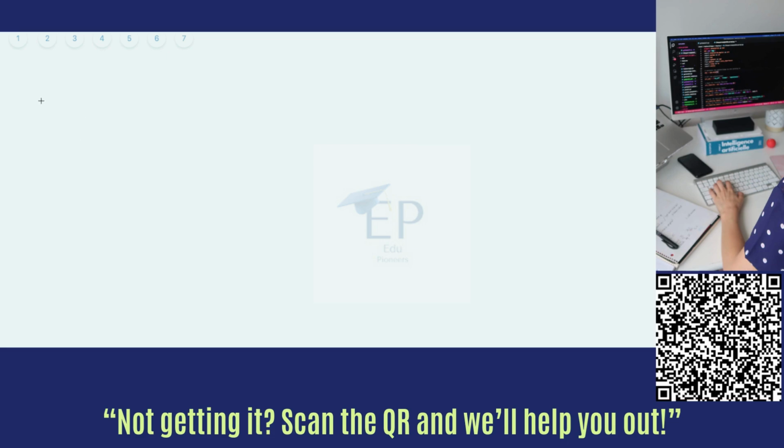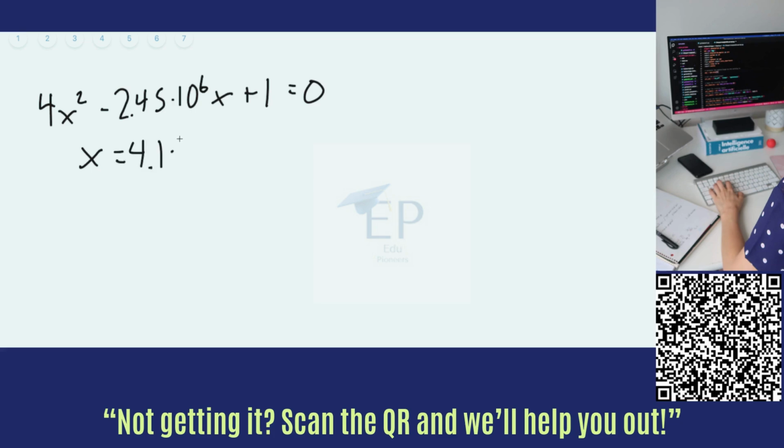And we end up with 4x squared minus 2.45 times 10 to the 6th x plus 1 equals 0. And so now when we solve for x, the only value that makes sense is 4.1 times 10 to the negative 7th. And so our partial pressure of A is 4.1 times 10 to the negative 7th.